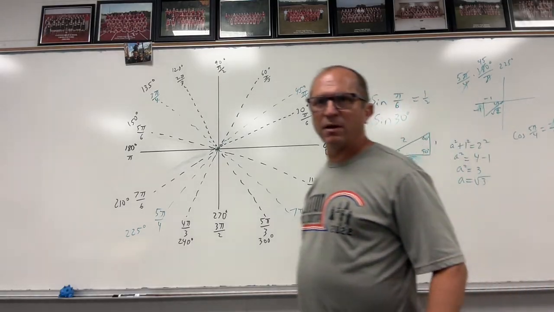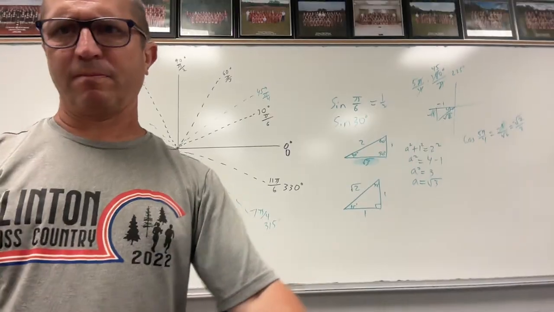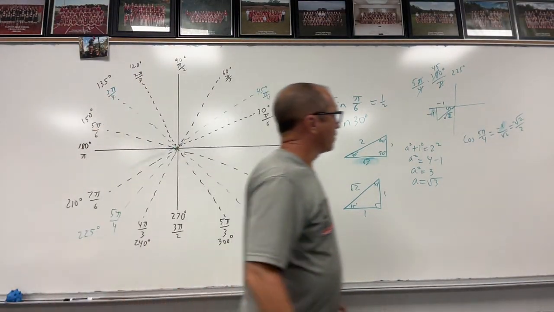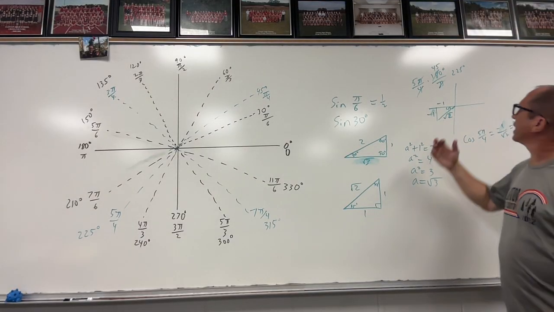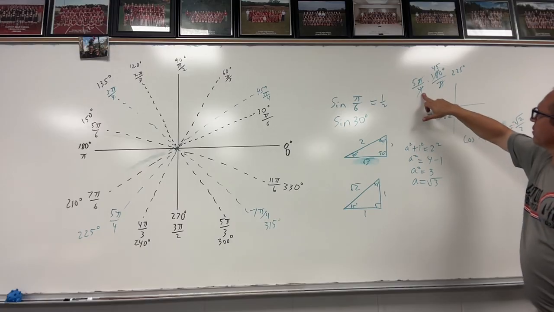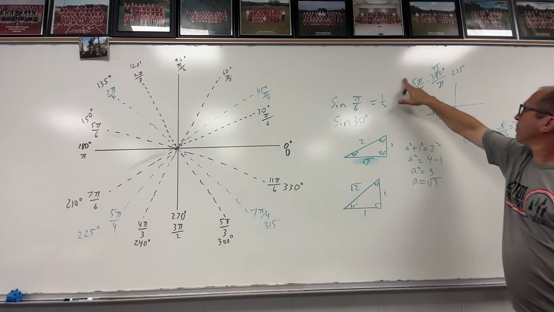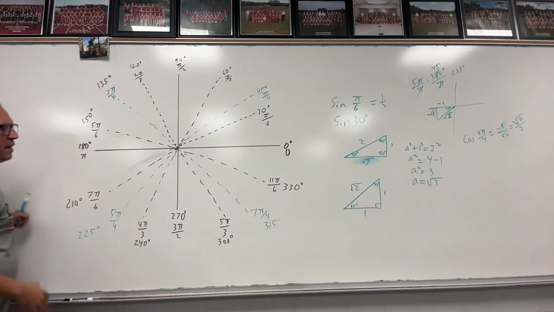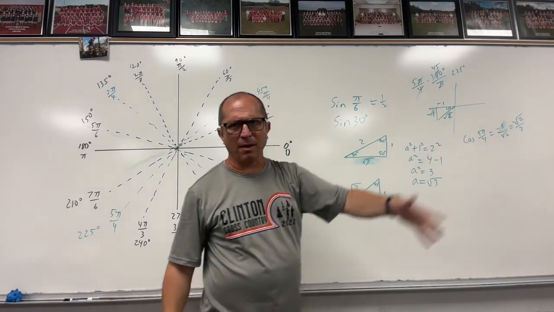And there you have your solution for the cosine of 5 pi over 4. Again, what did I do? All I did was associate this fact that 4 is in the denominator, so I know I'm talking about a 45 degree. Numerator is 1 greater than the denominator, so I know I'm in the third quadrant. And past that, I use one of these two triangles to label it, and I'm there.